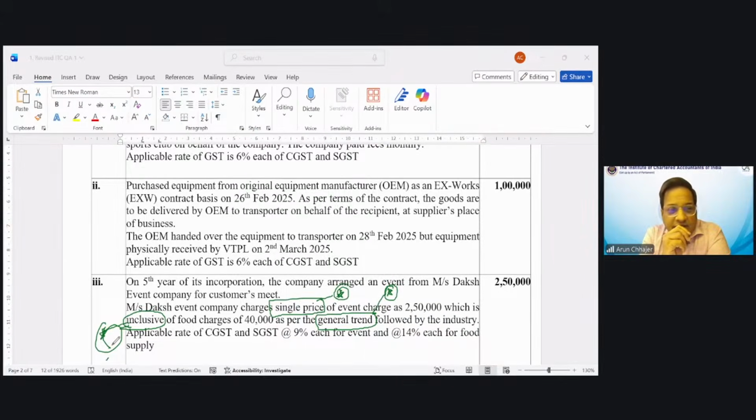ग्रीन कलर से फुल आईटीसी क्यों लिखा है? कहाँ लिखा फुल आईटीसी मैंने?